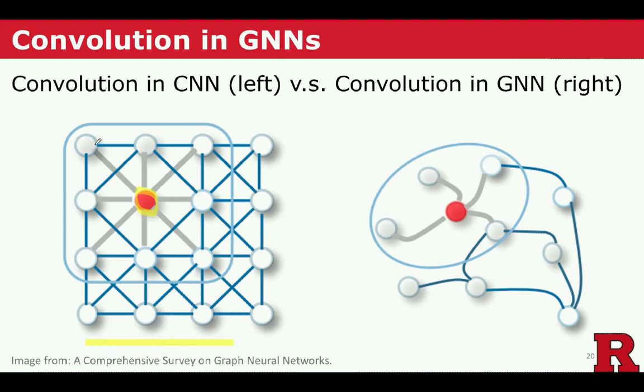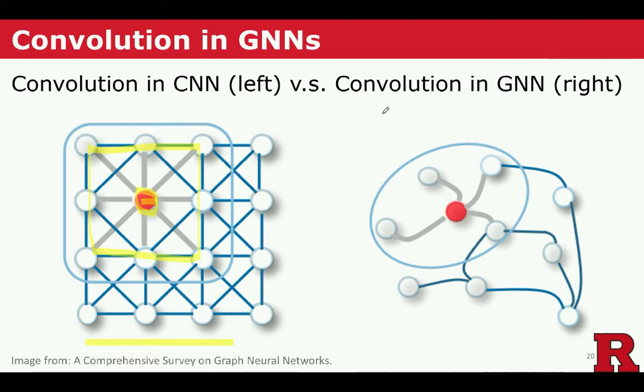A filter is then applied to this 3 by 3 patch by taking the weighted average of pixel values of the center node and its neighbors across each channel. So the weighted average of these 9 nodes is actually computed. This is the convolution layer in CNN.